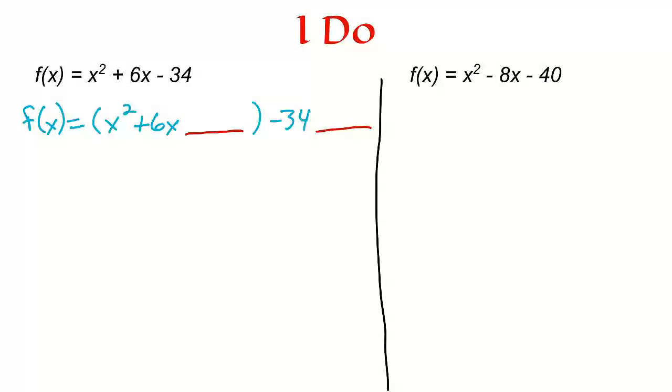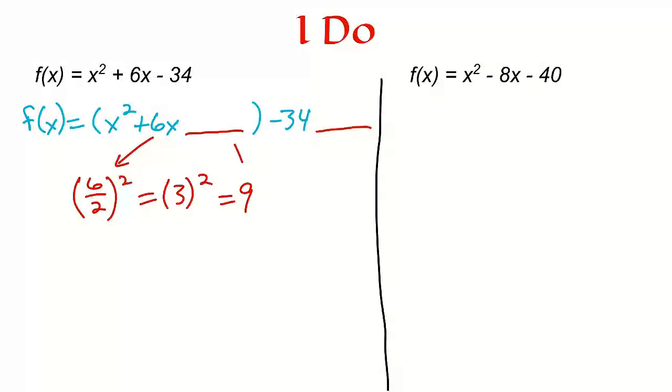So what I do then is I take that 6 right here, and I do 6 divided by 2 squared. Well, 6 divided by 2 is 3 squared, which is 9.